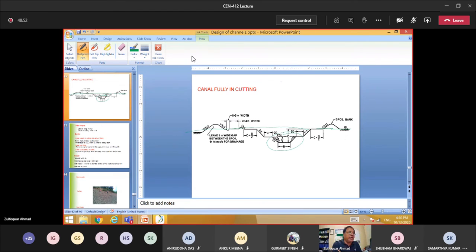If from the NSL to the bed is C and the depth of flow is D, then this berm will be equal to C plus half of D. In addition, you have to provide drains here, otherwise the rain will cut the soil and that soil will come into the canal. So this is the canal fully in cutting.